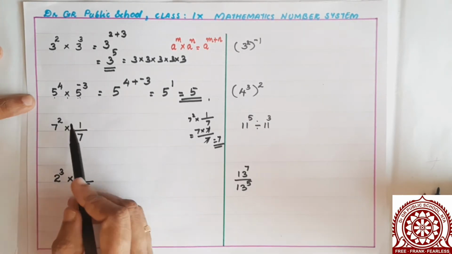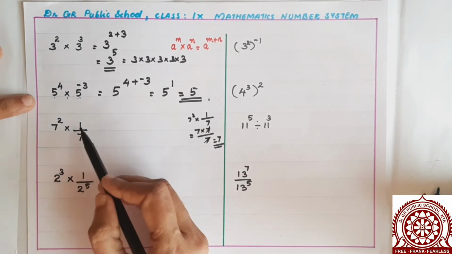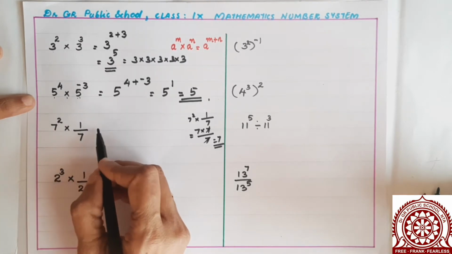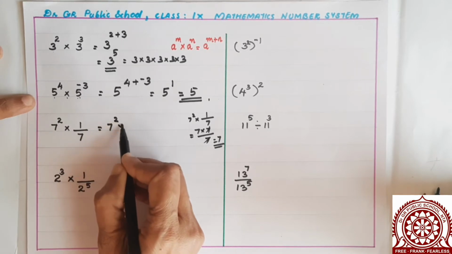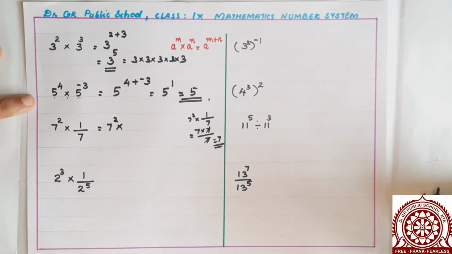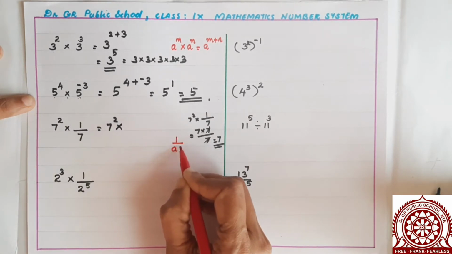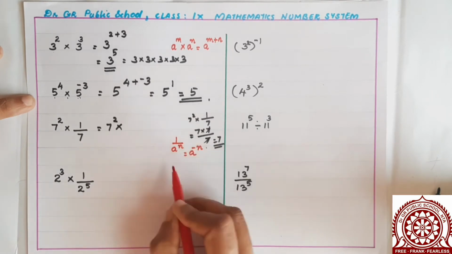So how can we apply law of exponents to simplify? 1 by 7. How can we write 1 by 7? First number is 7 square. 1 by 7, you studied about negative powers, isn't it? 1 by a raised to n can be written as a raised to minus n.